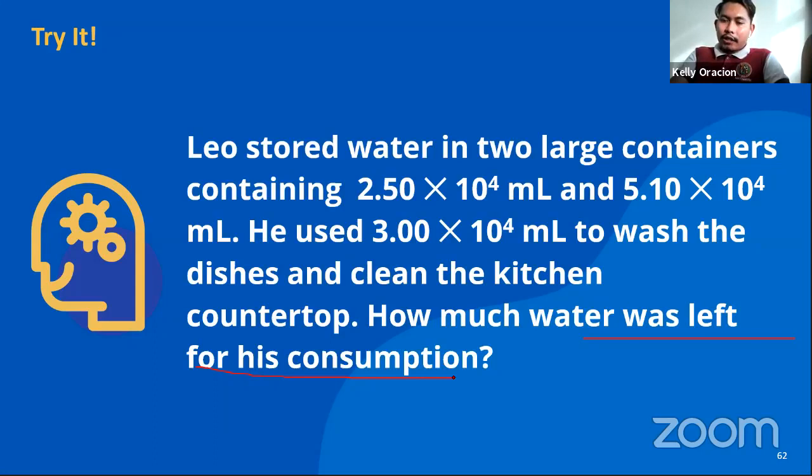So mas maintindihan ng bata ang problem if naka-translate siya in their own language. Okay? Last, take note ha, the symbol for liter is a big letter L, so big letter L dapat ang mL.